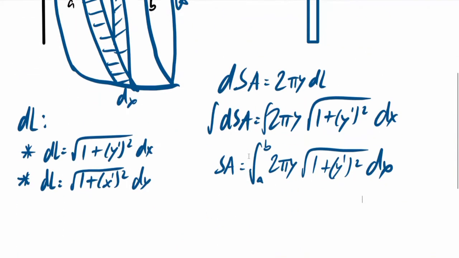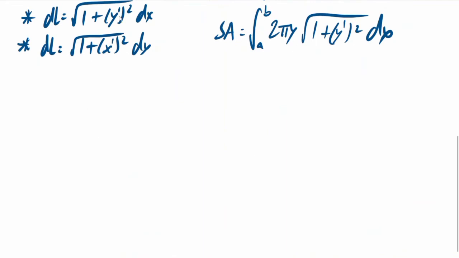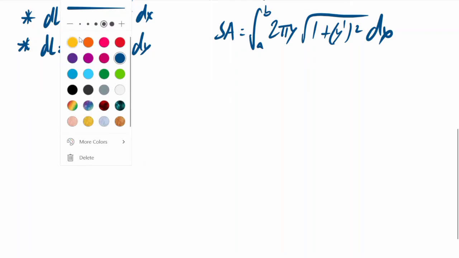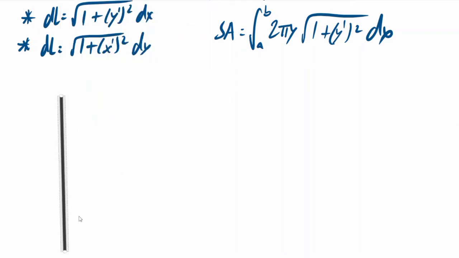So if we are going to be solving for the dy strip, let's put here another graph. Let's make it black. So another graph. Now let's see.